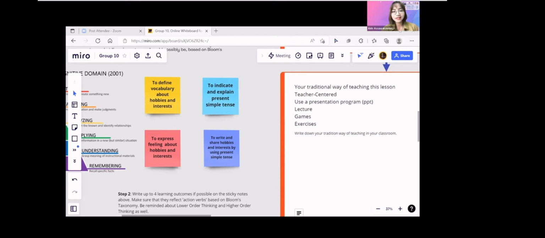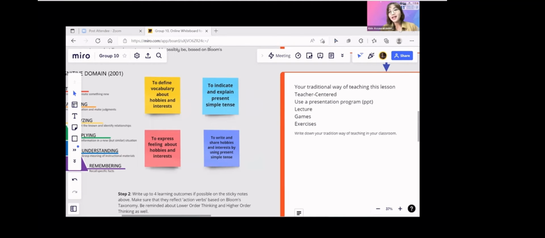Wait a minute, please. Okay, the question is: what teaching tools or teaching materials have you ever used to teach the present simple tense in your classroom?